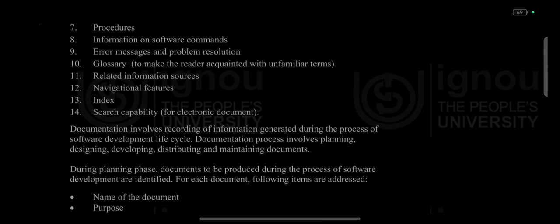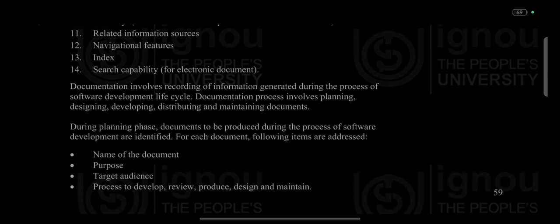Information on software commands, error messages, and problem resolution. Glossary to make the reader acquainted with unfamiliar terms. Navigational features in related information sources. Index search capability for electronic document.